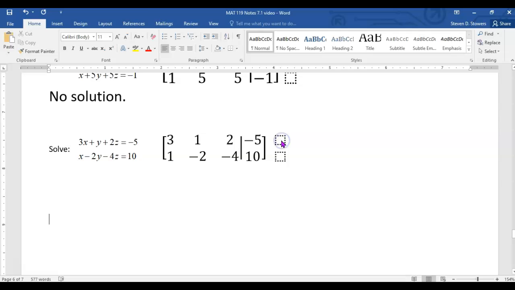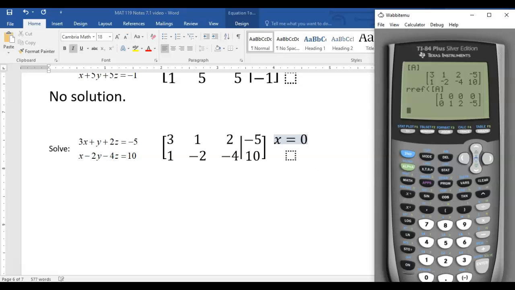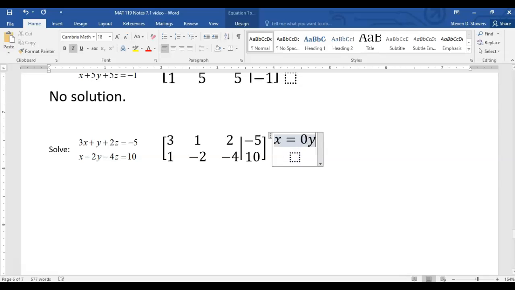Now that 1, 0, 0, 0 is telling me that x has to equal 0. And that 0, 1, 2, -5 is telling me that y plus 2z has to equal -5.